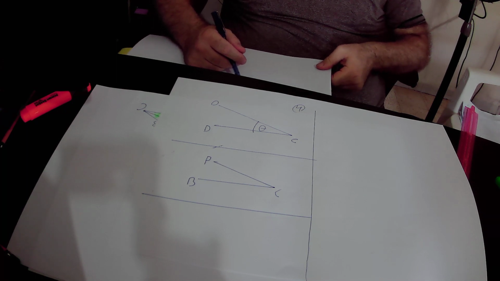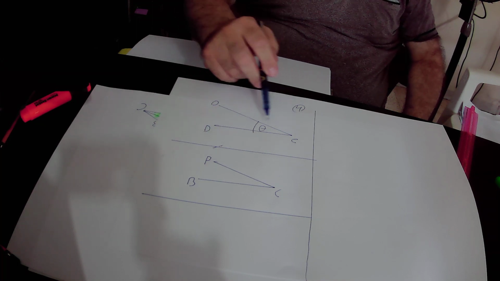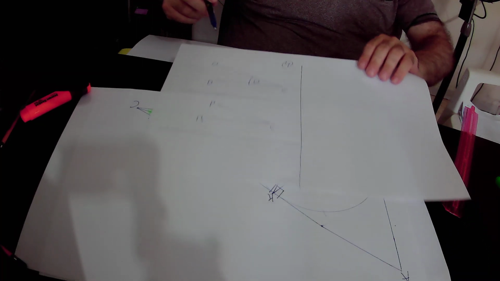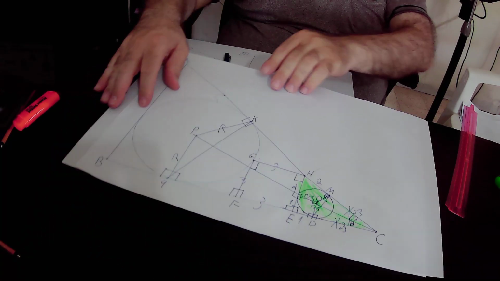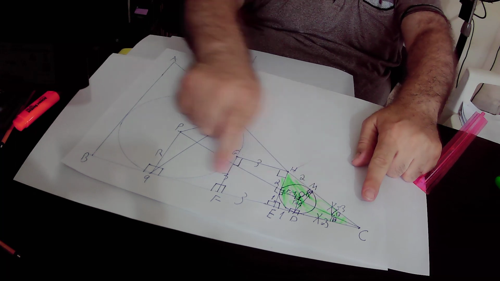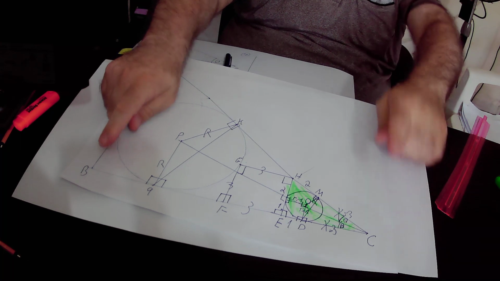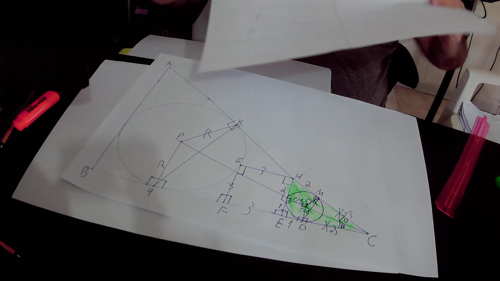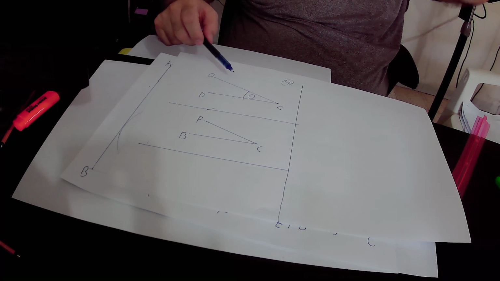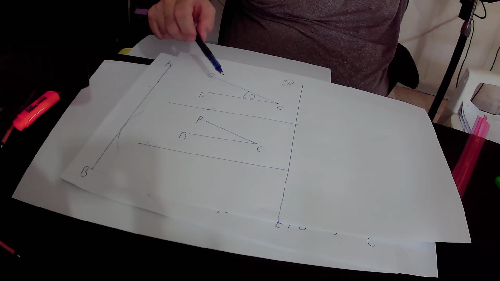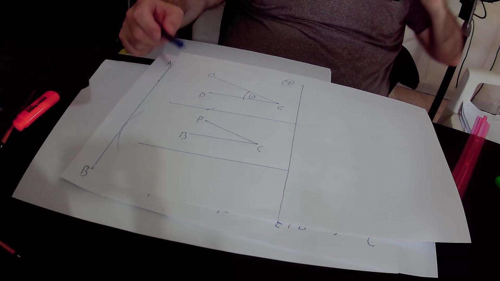And here DC is part of BC. You can see here that DC is part of the straight line BC. So we can say that DC is located on the same straight line that BC is located on.